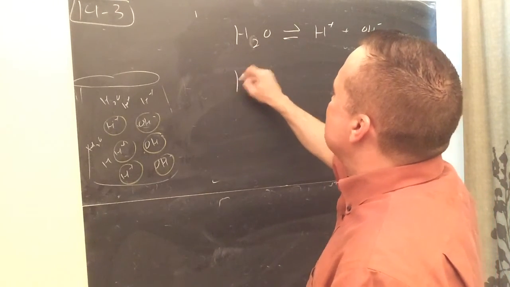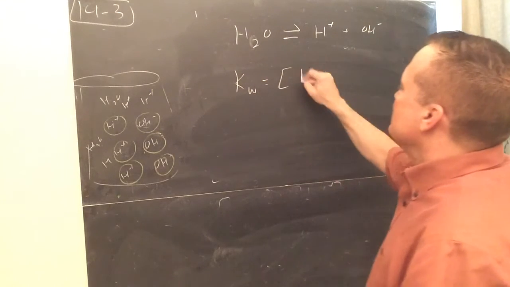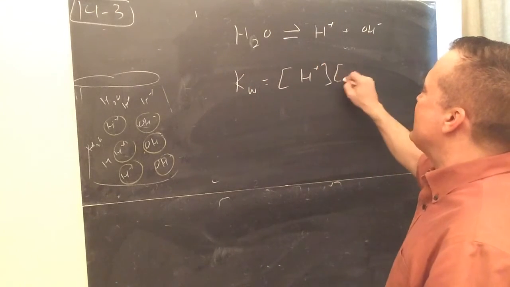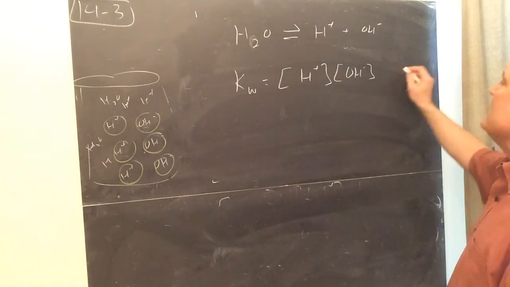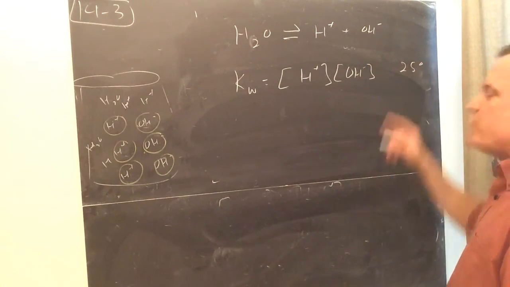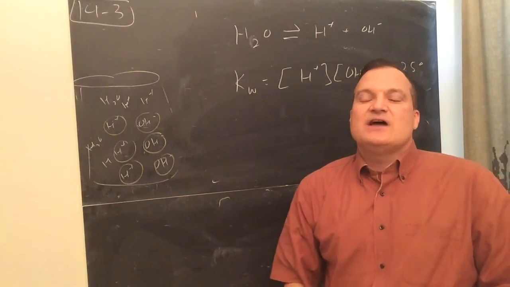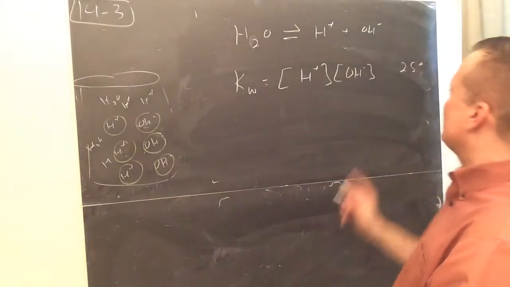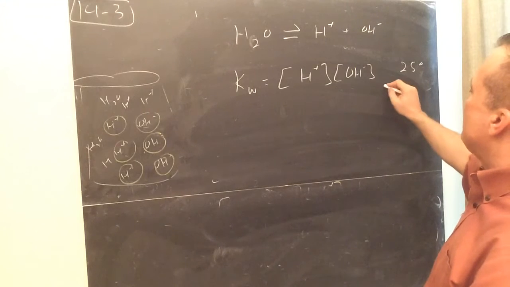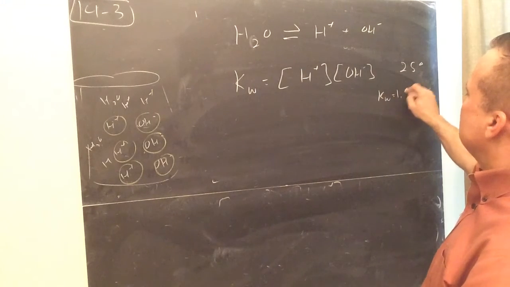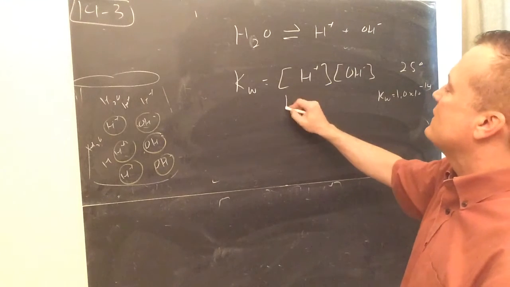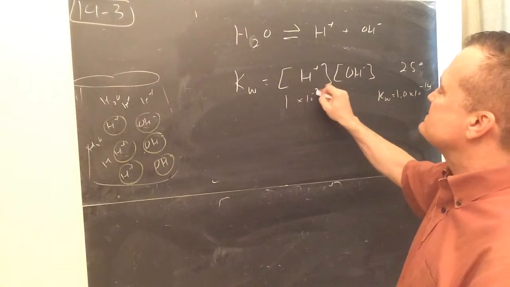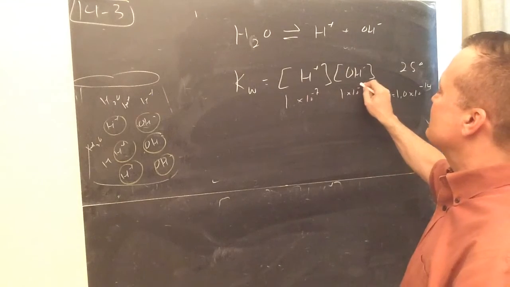It says the Kw of water is equal to the molarity of H plus times the molarity of OH negative. That number at 25 degrees Celsius, remember 25 is your standard temperature. So a lot of times you'll see at 25 degrees Celsius, Kw of water equals 1.0 times 10 to the negative 14. And I even showed you this before. It's 1 times 10 to the negative 7 of that, 1 times 10 to the negative 7 of that.